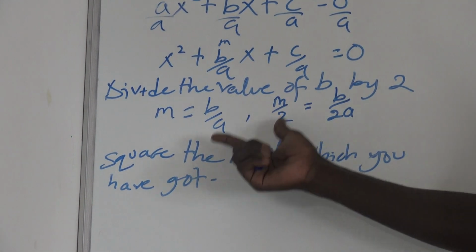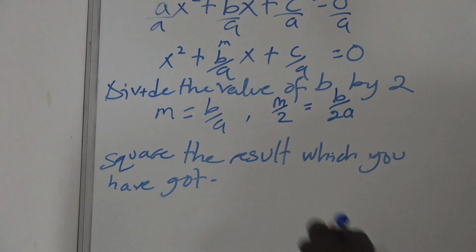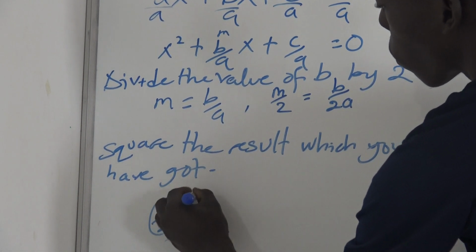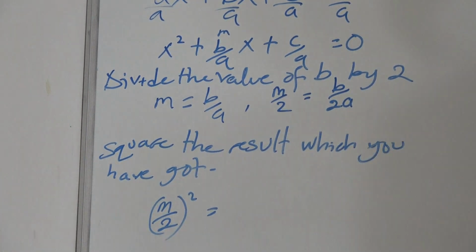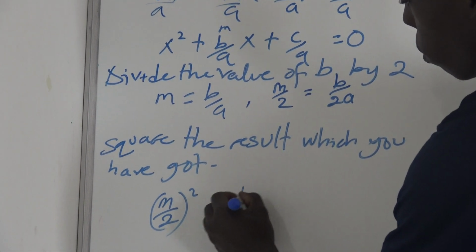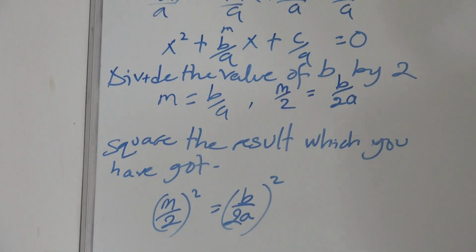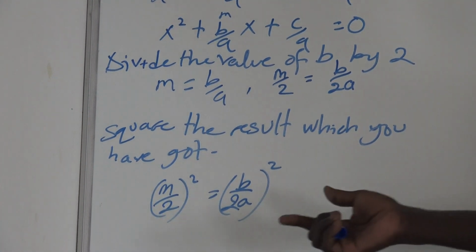What you do on this side, do also on the other side. So it will be m out of 2, the whole thing squared, and on this side when you square, it becomes b out of 2a, the whole thing squared. So this is what we get.